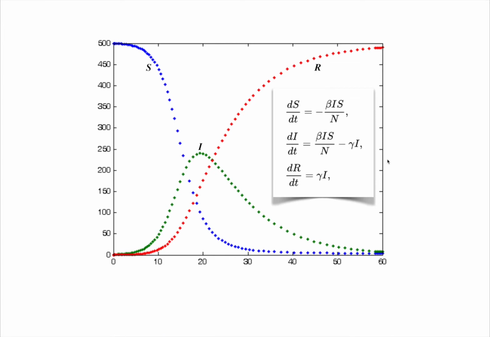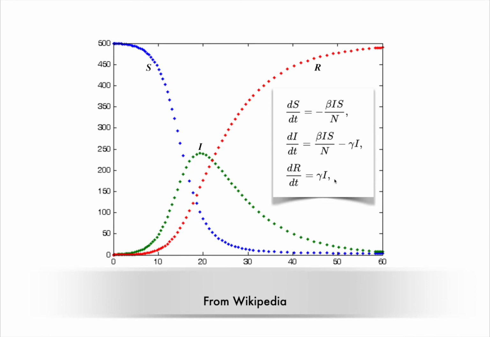This is what you would have seen on Numberphile. But this I didn't take from Numberphile. I got this copy and paste job from Wikipedia. If you look at the Wikipedia article, this is what you would see, and you would see the size of the infectious population increasing rapidly, increasing exponentially, and then really as the susceptible population falls, there's nobody left to infect, and this thing dies off slowly.